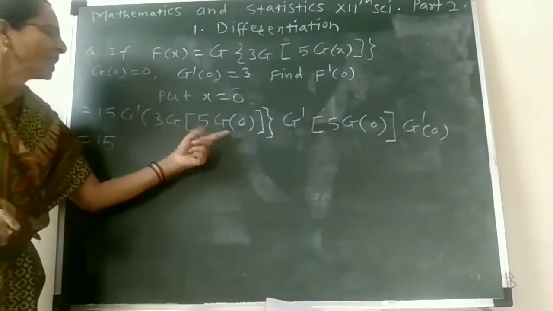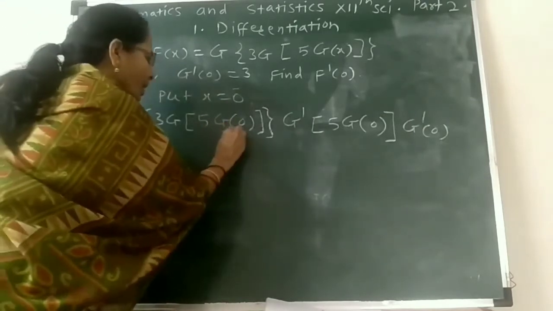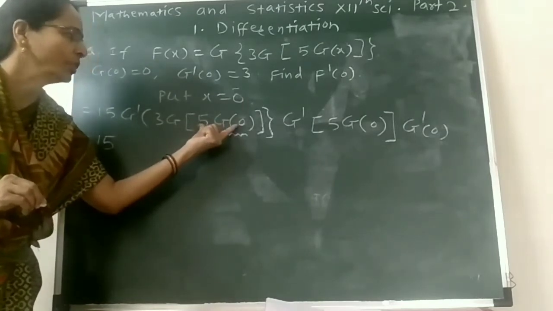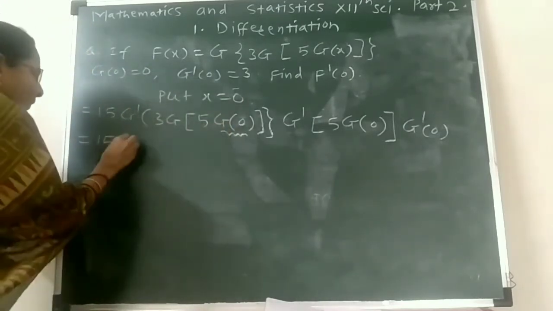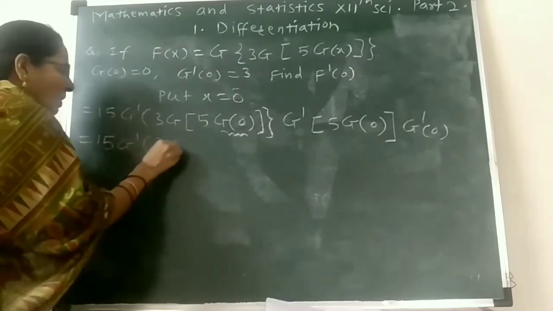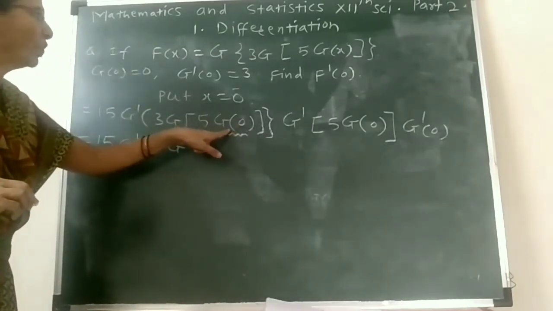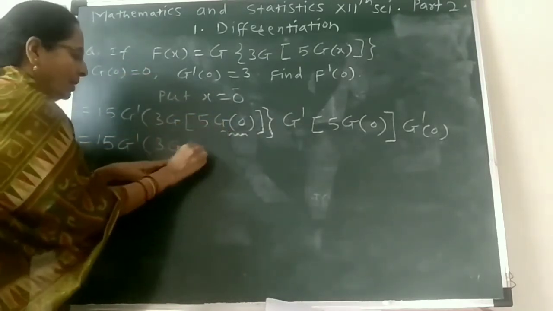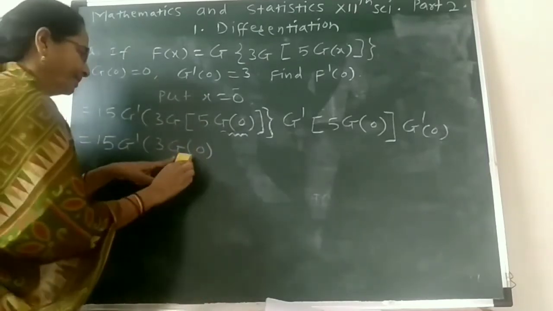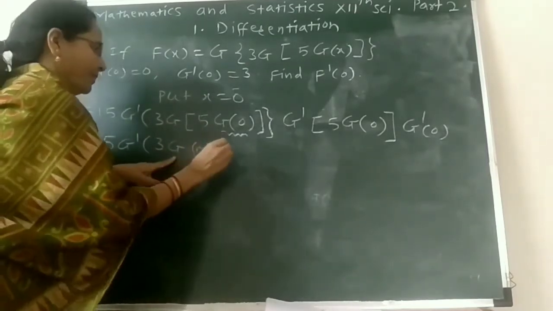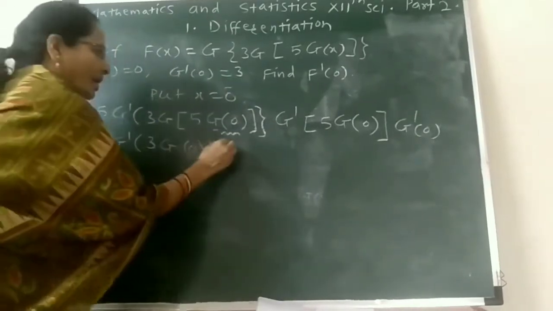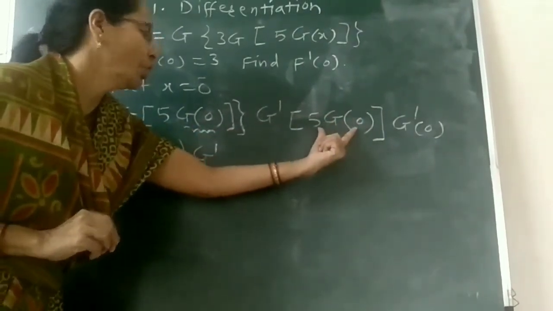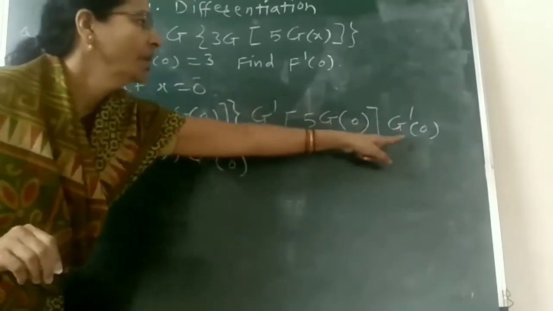Look at this term. g0 is 0, so if we put 0 here, this product is 5 into 0, so this term is 0. So 15 g dash 3g. Again see g0 is 0, so 0 into 5 is 0. So g into 0. g dash, g0 is 0, so 5 into 0 is 0, g dash 0.